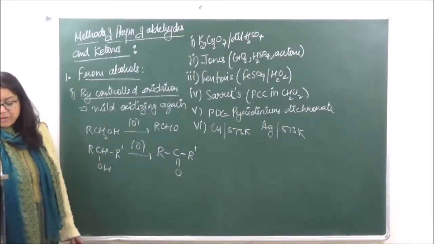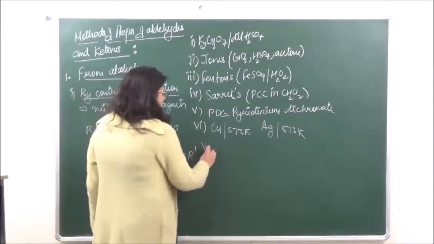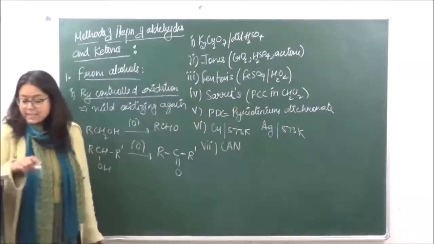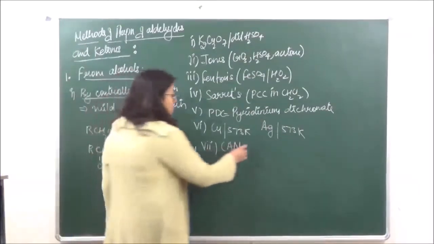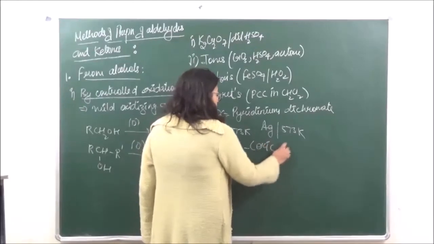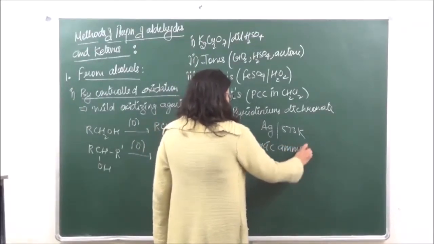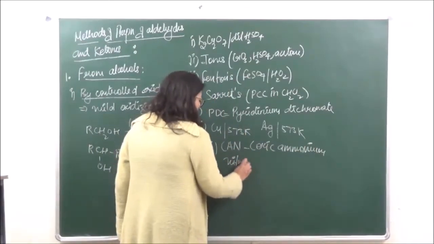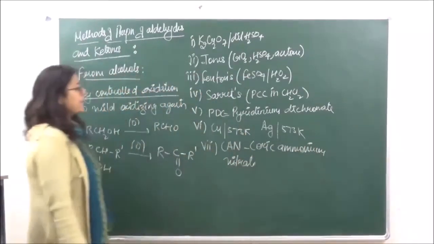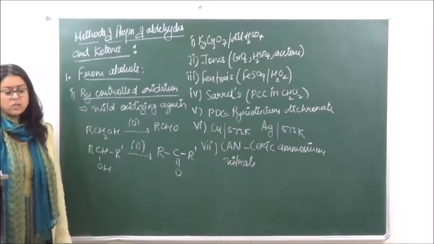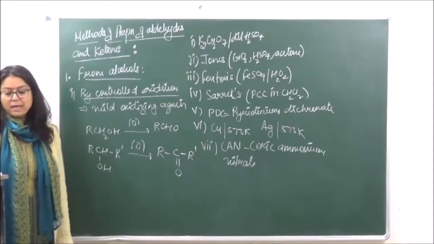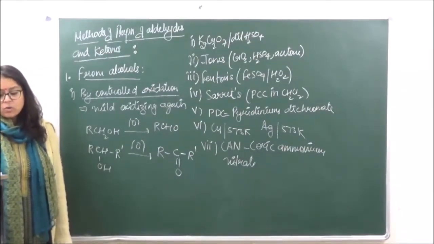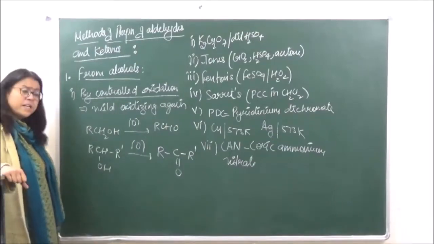After that we have CAN, another reagent we use, known as ceric ammonium nitrate. If we use any of these oxidizing agents, primary alcohols are converted into aldehydes, and secondary alcohols into ketones.